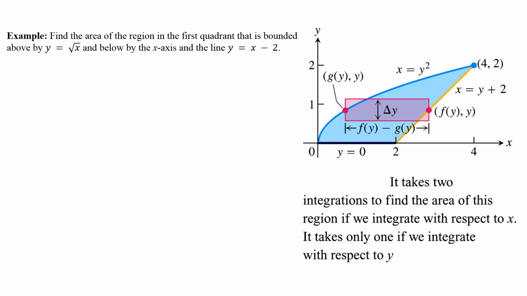So let's try the question, and we're going to solve the same question using this method. In that part, we had to divide the portion into two sub portions. But in this case, there is no need to do this, because for every value of y, we have a line which starts from one curve and ends at the second curve.